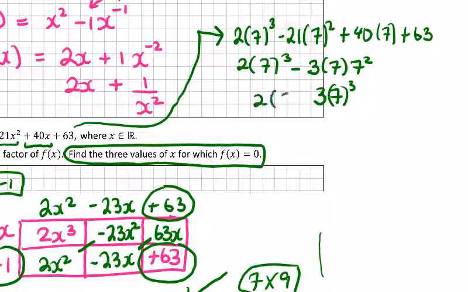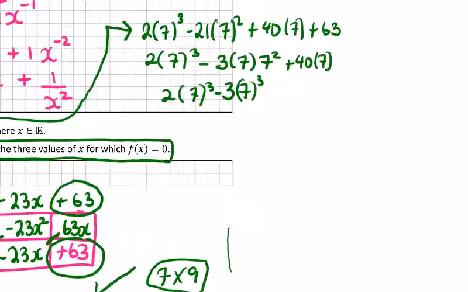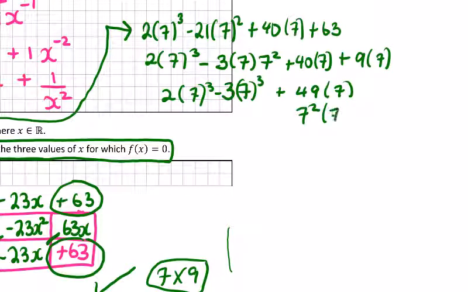So we have 2 by 7 cubed at the beginning, minus 3 by 7 cubed. And then we have plus 40 times 7. We also have plus 63, which is 9 times 7. So this will work out to be 40 and 9 times 7, which is 49 times 7, which is 7 squared by 7, which is 7 cubed.